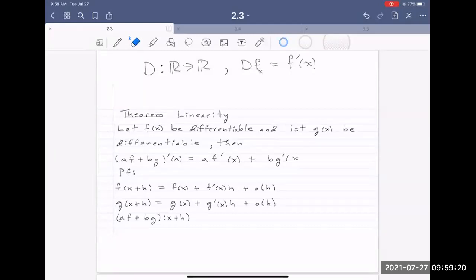And so, theorem, linearity. Let f be differentiable and let g be differentiable, then, and this is true for any real numbers a and b, (af + bg)'(x) is equal to a f'(x) + b g'(x).